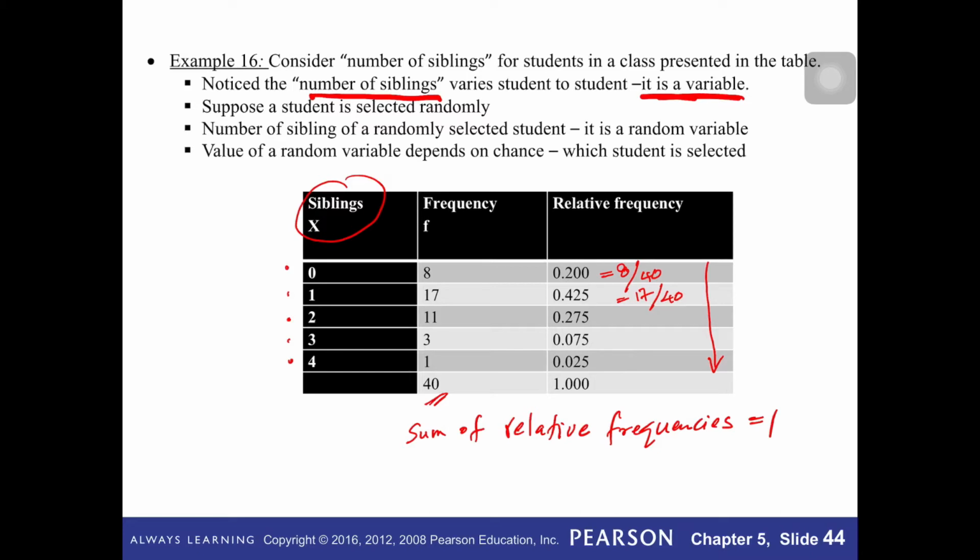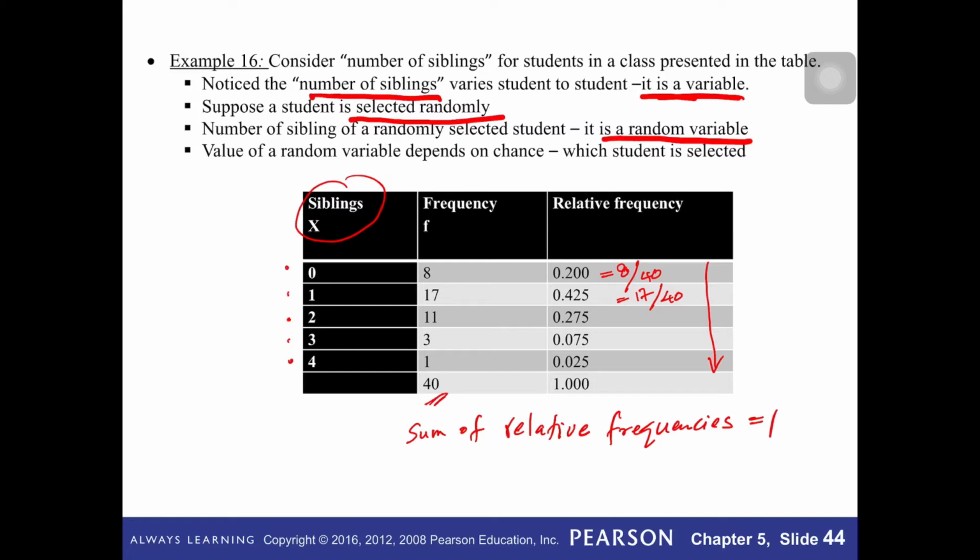For student B, number of siblings 3, something like that. It varies from student to student. If a student is selected randomly, we can do this experiment. Number of siblings of a randomly selected student, it's a random variable. It's a variable, but it's a random variable. Why? We select students randomly.